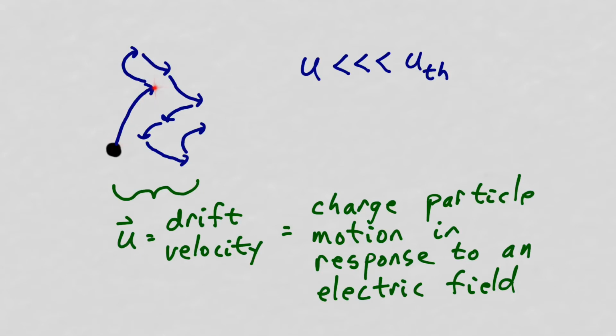If you could actually watch an individual electron, it would be almost impossible to discern that there's actually a net drift velocity. It would look just like a random thermal motion. So I really had to exaggerate in this figure to illustrate the concept of drift velocity.